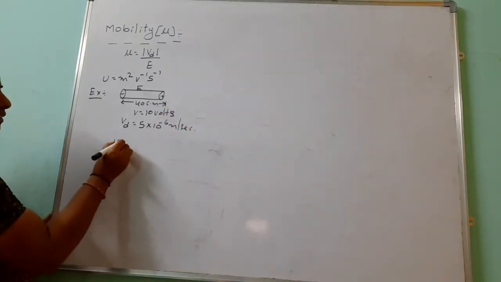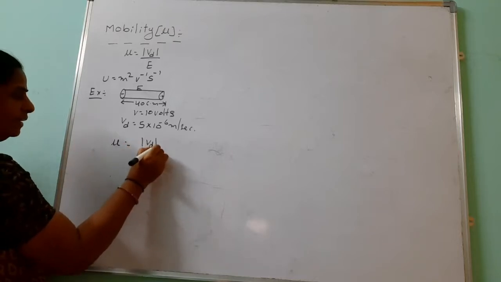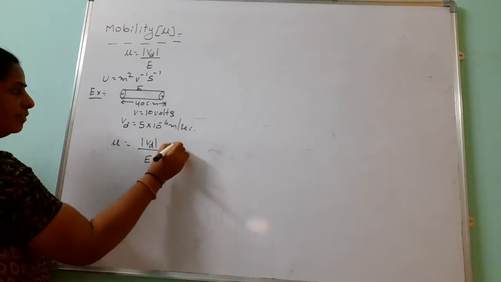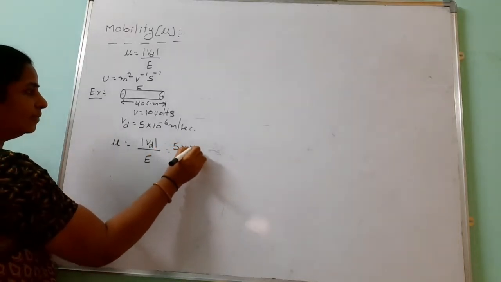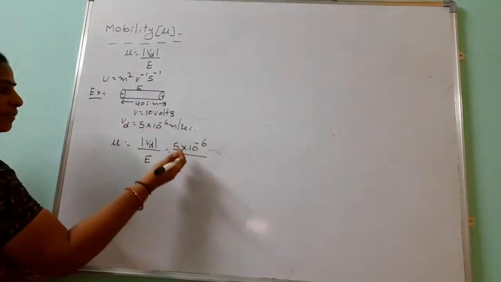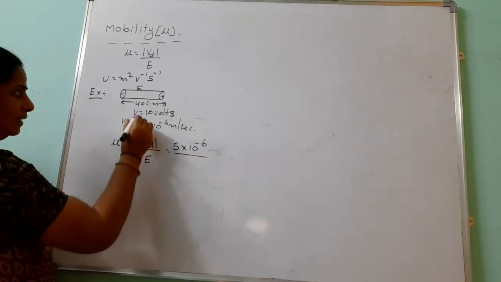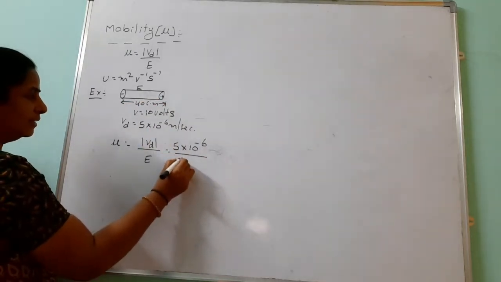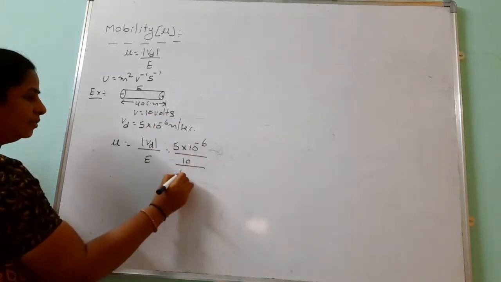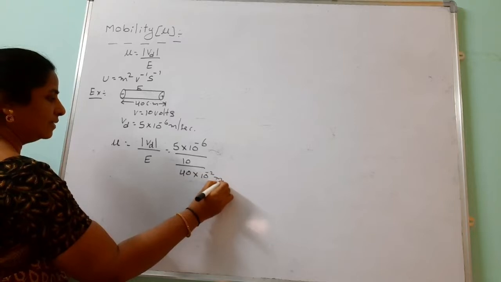Look here, you know that mu equals magnitude of drift velocity by intensity. The drift velocity is given as 5 into 10 to the power of minus 6, but the intensity is not given. We use intensity equals potential by length. The potential is 10. The length we convert into meters: 40 into 10 to the power of minus 2 meters.